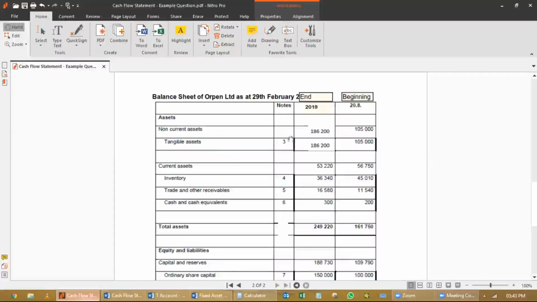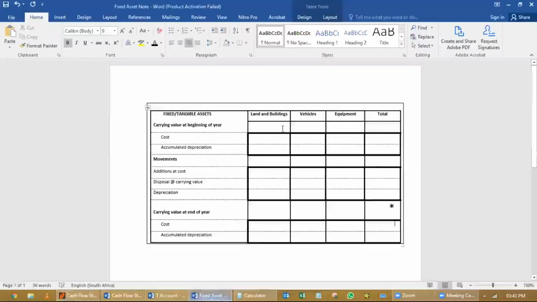So if you look here, this is note number 3. This is a note you've done plenty of times on the balance sheet and income statement questions. I'm just going to go to an example of one. That note looks like this, and you will remember that when we complete this note, our main objective is to get the carrying value of all our assets.